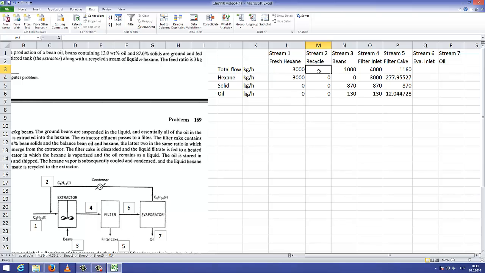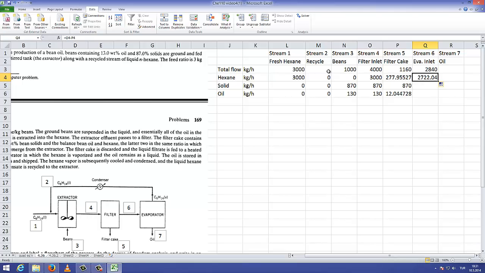So I want to do it by guessing the recycle. What I mean is, the evaporator inlet should be the filter inlet minus the cake, right? It's simple as that. And I'm going to know the recycle, because the recycle should be 100% hexane, and it should be all the hexane that goes into the evaporator.